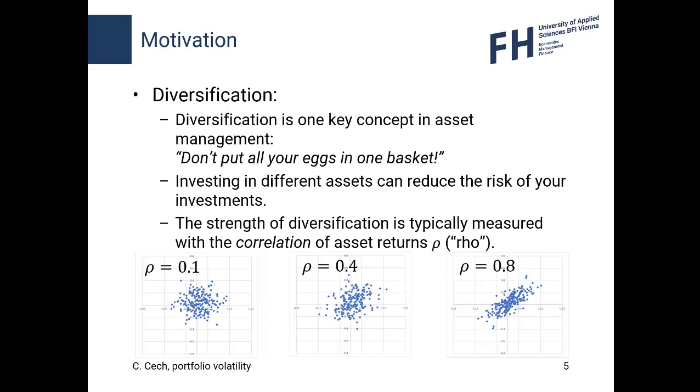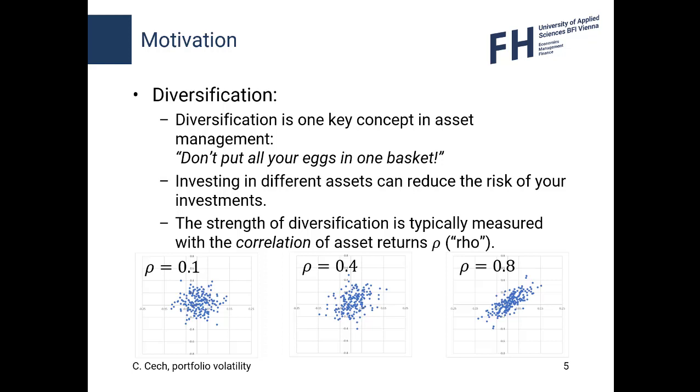This implies that there is a tendency that if one asset has high returns, that the other one has also high returns, and if on the other hand the one has very low returns, then there's a tendency that also the second asset has low returns.